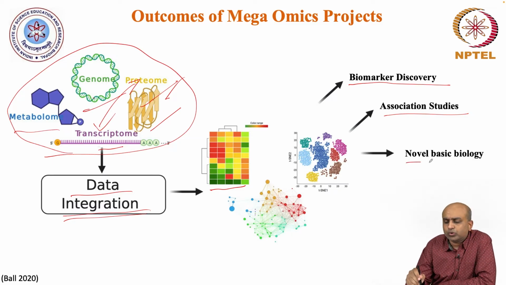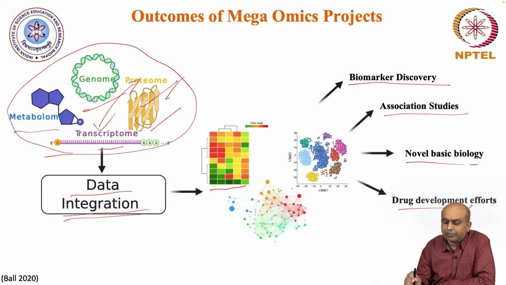You can also do novel basic biology, because when you have such a large data set and you can do this kind of data integration, your ability to ask novel questions and identify new things which was not really possible earlier is possible because of this new type of data.